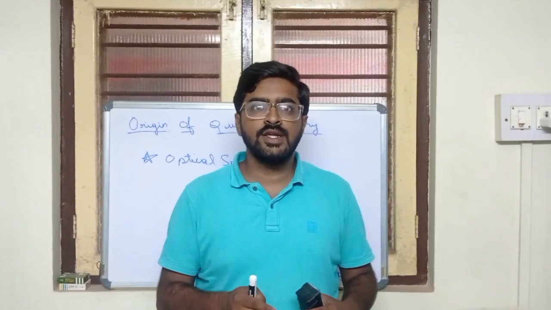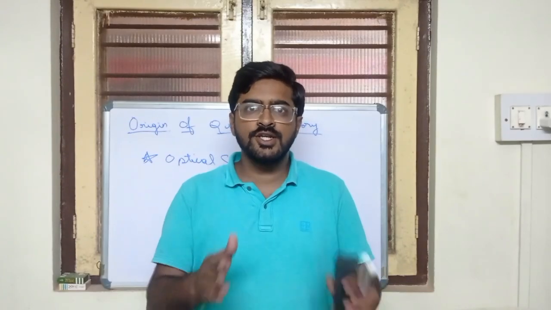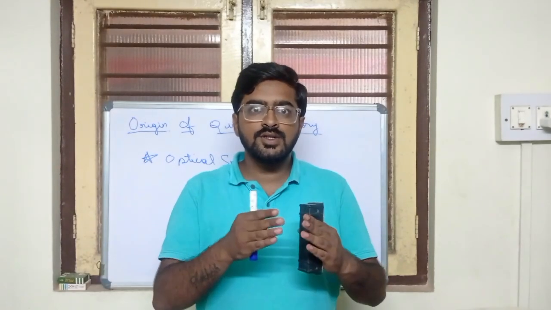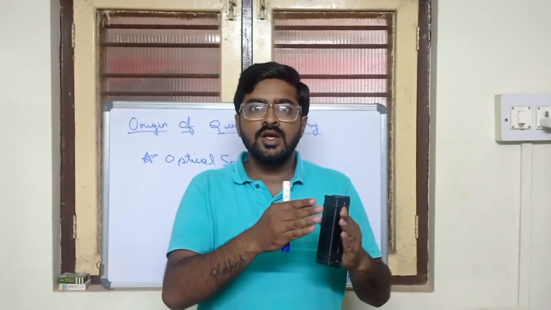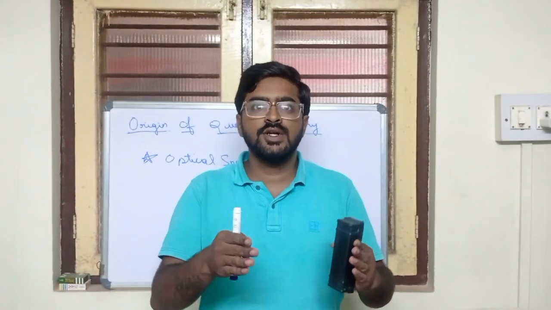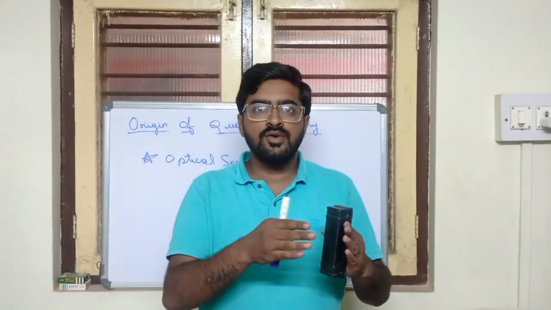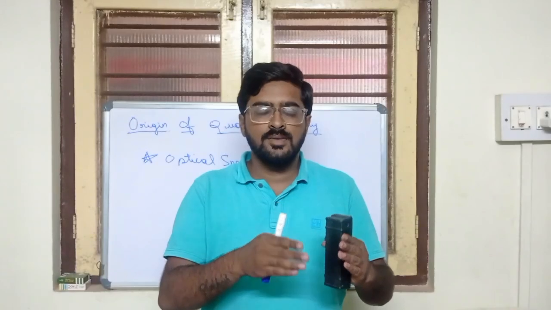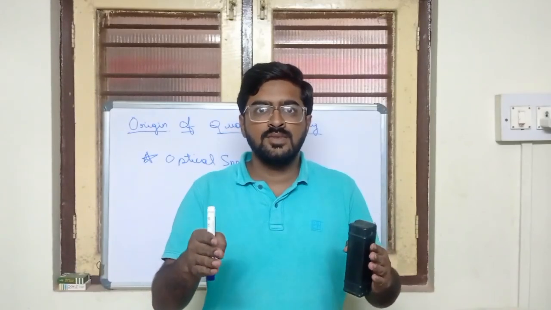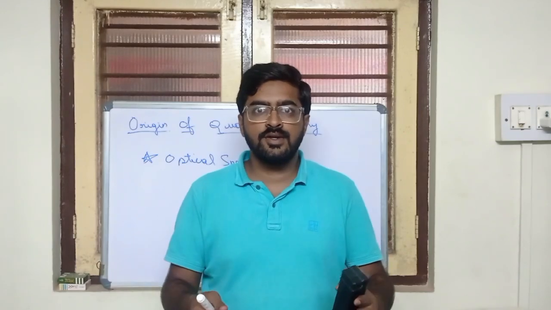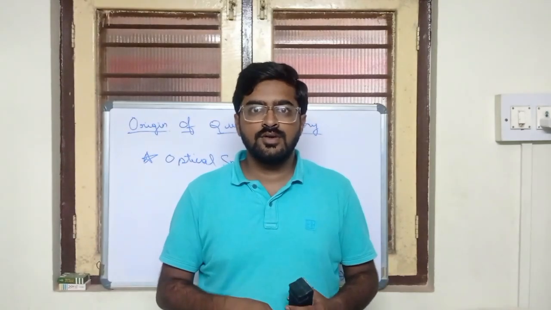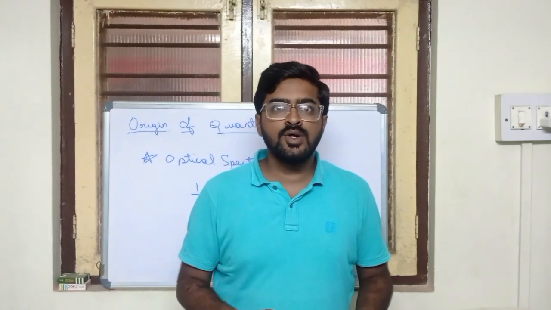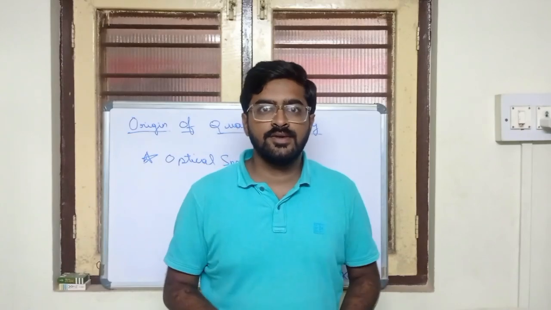Classical theory couldn't explain how photons are emitted, and the reason behind the general method of emission of photons of a particular spectrum. So classical theory failed at this point. Let's see about the photoelectric effect, and how it failed.